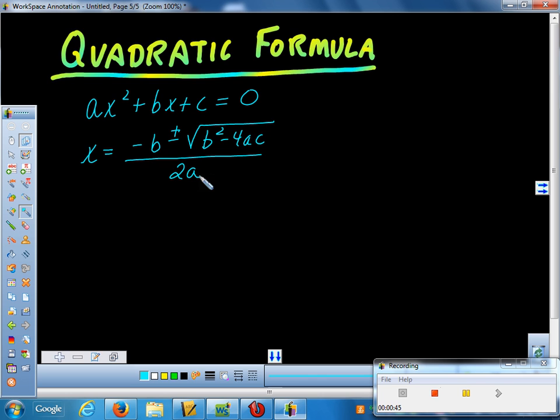So I taught people to sing the quadratic formula. Okay, so we're singing Pop Goes the Weasel, if you know Pop Goes the Weasel. It goes something like this. X equals negative b plus or minus the square root of b squared minus 4ac all over 2a.